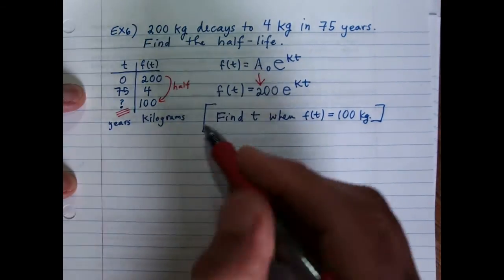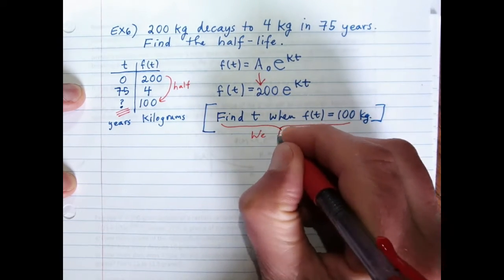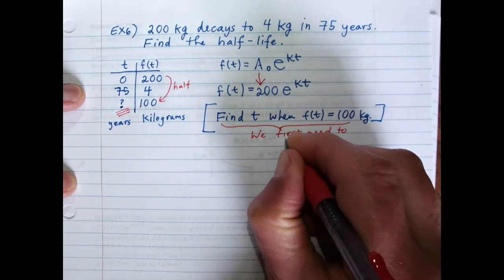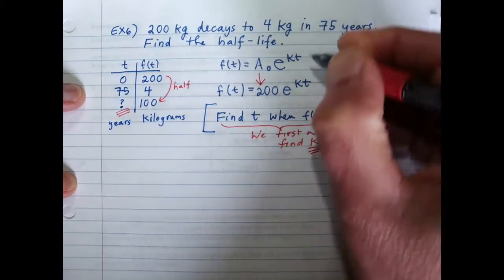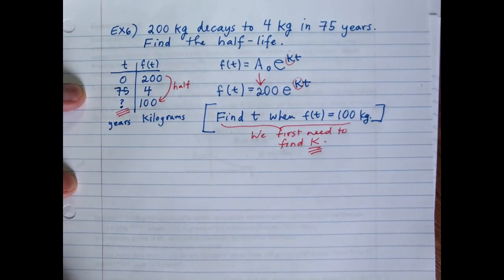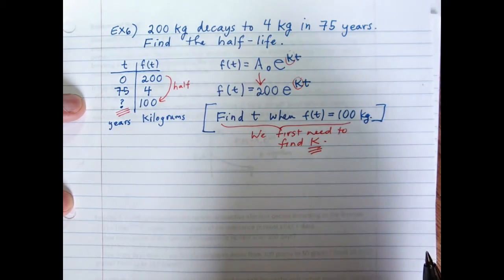But to do this, we first need to find k, the k constant in our function, right? Because it won't do us any good if we don't have a specific value of k.